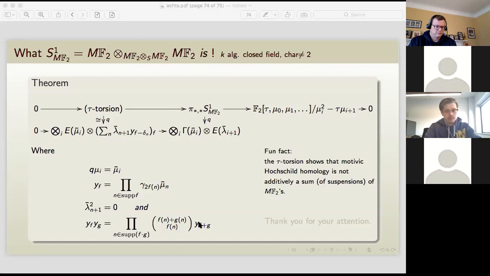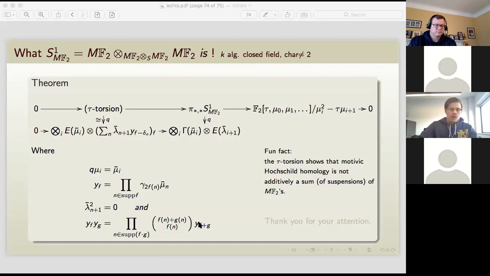And as a fun fact, at the end, you notice that in stable homotopy theory, you know that if you have a module over the Eilenberg-MacLane spectrum, then as a module, it will always be a sum of suspensions of that Eilenberg-MacLane spectrum. But you see that that is not true in the motivic world.